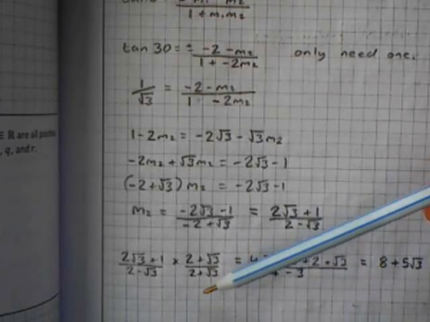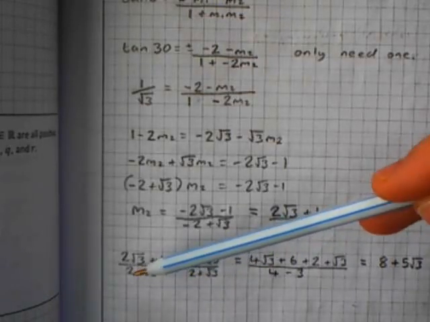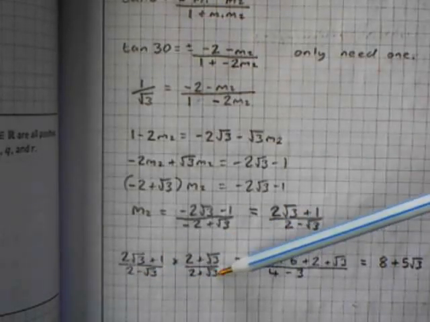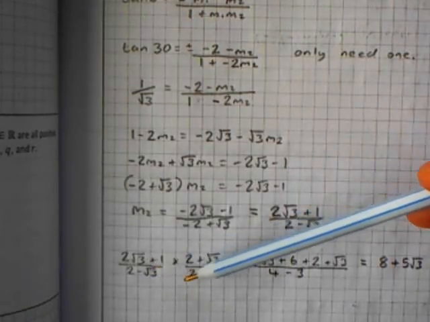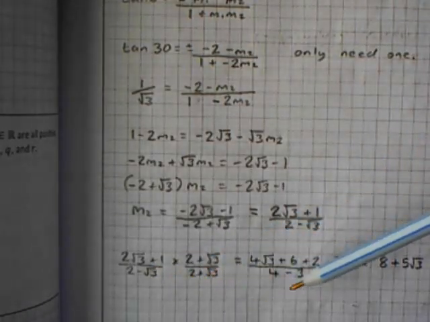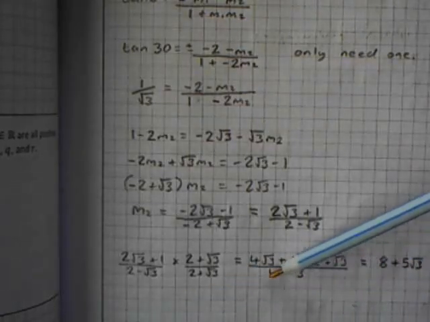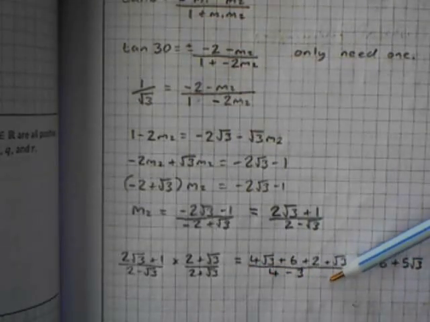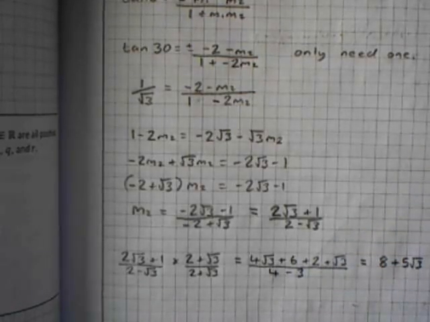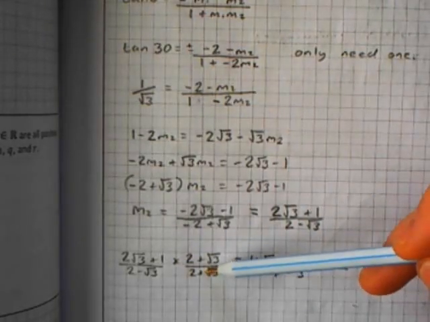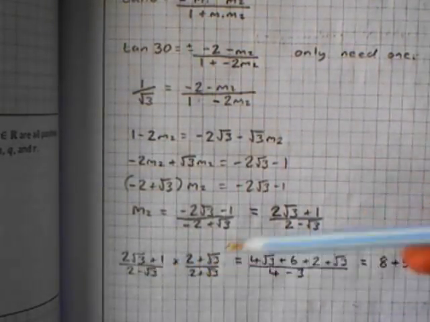So we'll focus on the bottom to start with. 2 by 2 is 4, and then you'll have a 2 root 3. You'll also have a minus 2 root 3, so they're going to cancel out. And then root 3 by root 3 is just 3. So you've got 4 minus 3, which is 1, which is clearly a very nice bottom to have, because dividing by 1 doesn't do anything. So in terms of your denominator, having 1 there is perfect. And that's because we just changed the sign here from minus to a plus.